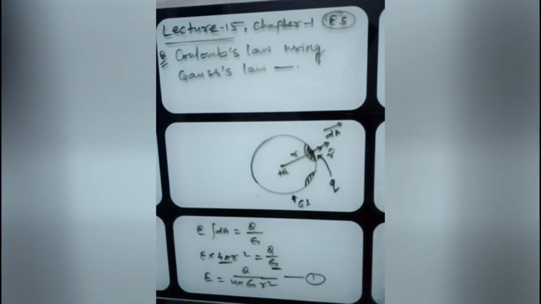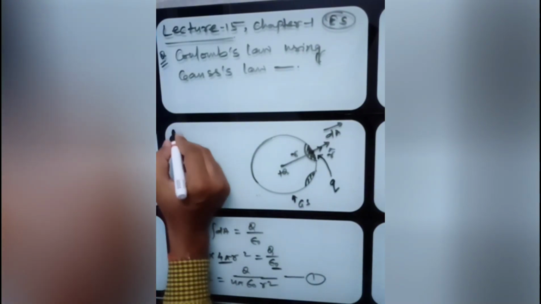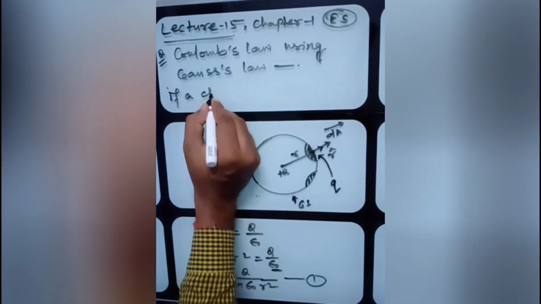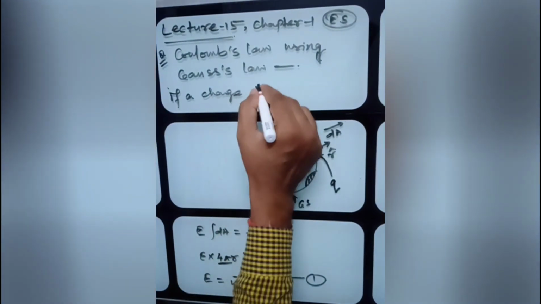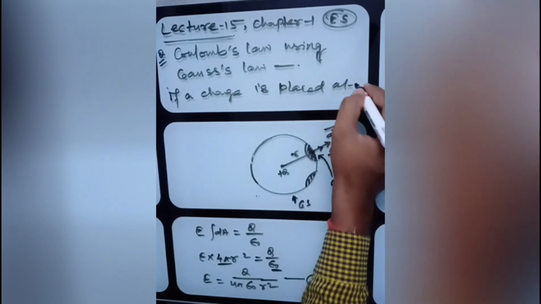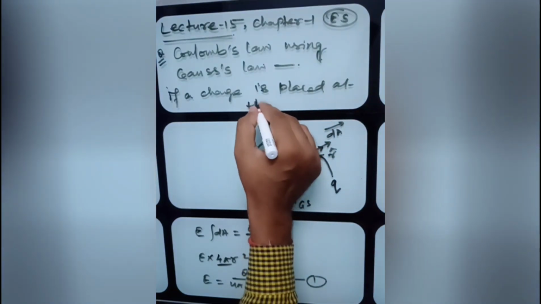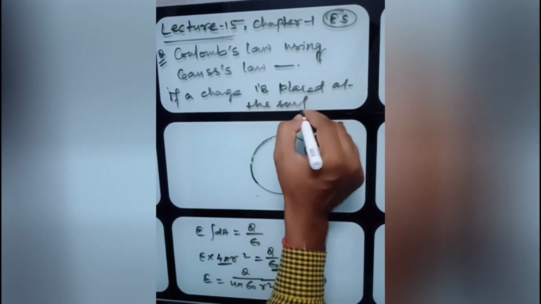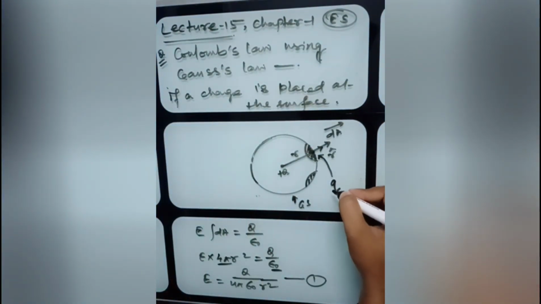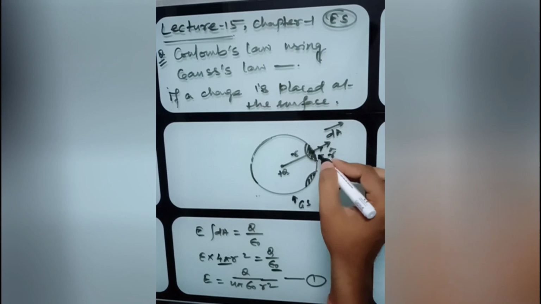Now, if a charge is placed at the surface, it means it is in the presence of the electric field.